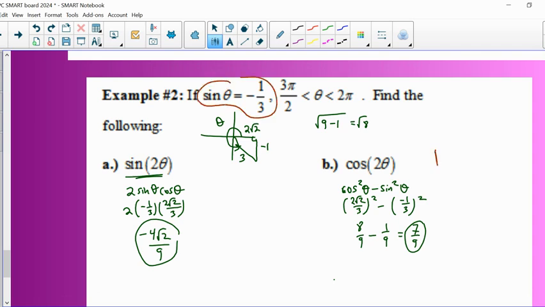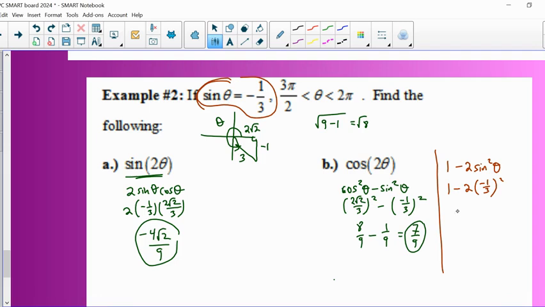So I could actually build cosine of 2 theta only knowing sine theta because I know that one of the variations is 1 minus 2 sine squared theta. That's one of the variations of cosine 2 theta. And it's the one that only is based on sine. So maybe that could have saved you. Maybe it made your calculations a little bit more efficient. I don't know. So it's negative 1/3 squared.